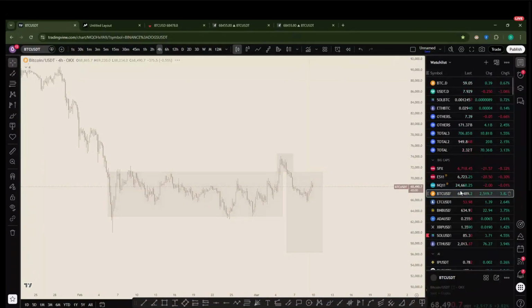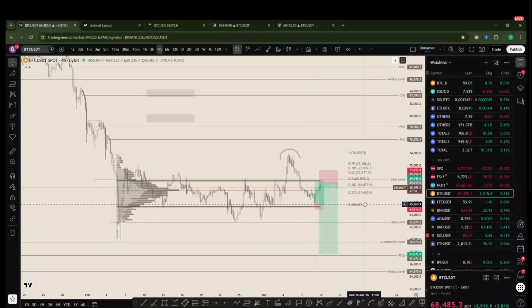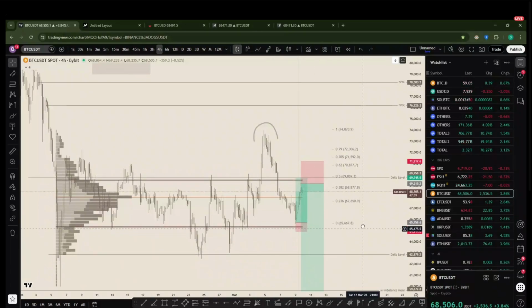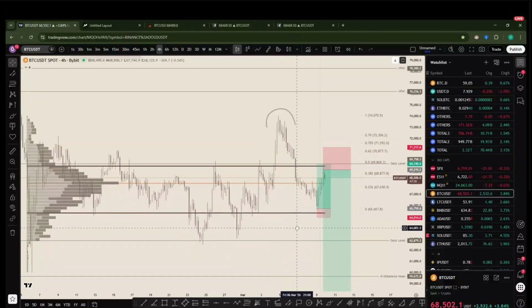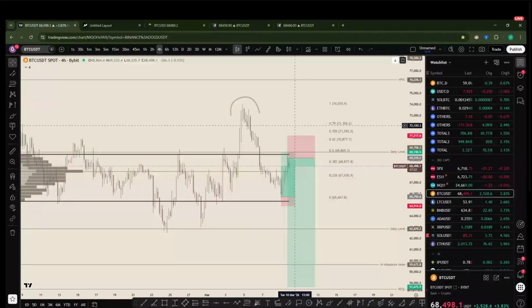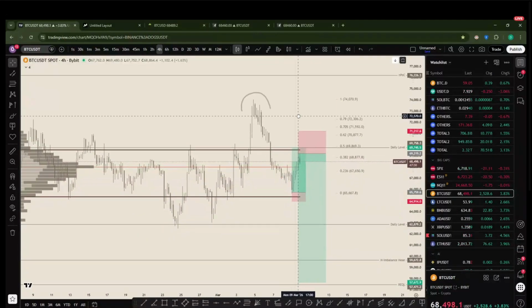Oh, and yeah, now there is one more level which I am potentially looking for shorts, which is basically the 72k level. So the 72k level is another good short area.